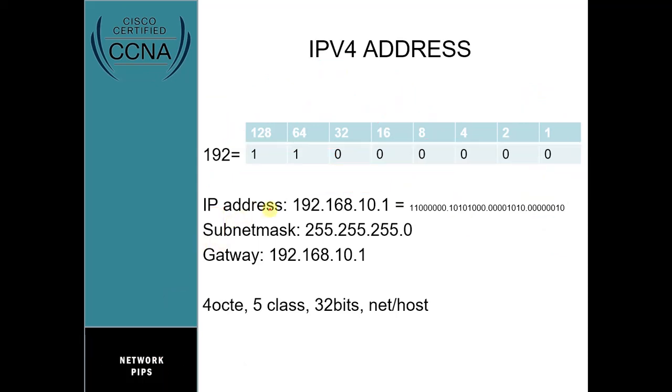Okay, so we have our subnet mask. Our subnet mask is basically a 32-bit binary number that separates our network ID from our host ID. Now, take out two words from it: the network ID and the host ID.